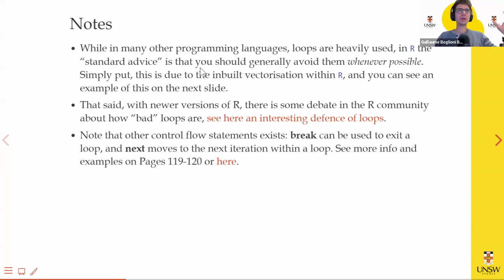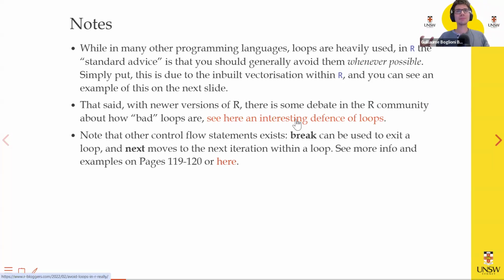Now here, I do need to put a bit of a caveat to this. In newer versions of R, there is some debate in the R community about how bad loops are. And so here I linked to this post where they show that, okay, it's really not that bad, at least for some of the examples they have here.